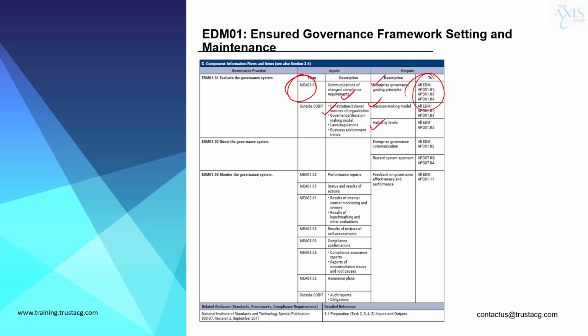As I have stated, for now just take the idea that some information is collected and some information is produced as part of the EDM 1.01 practice. So the overall objective of the EDM 1.01 practice under this governance objective is to ensure that the governance system remains current, structured, and contextually relevant.